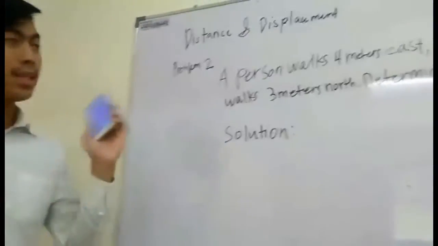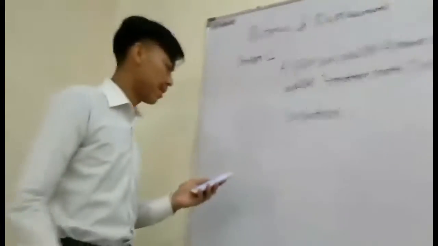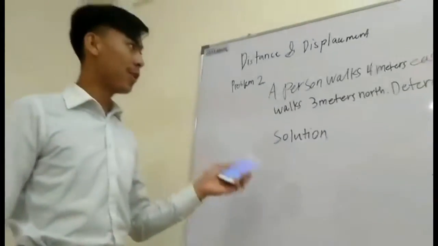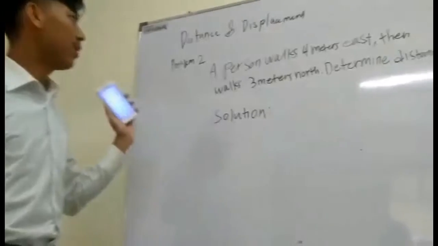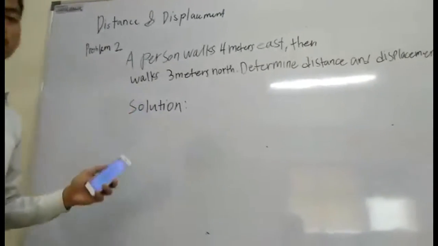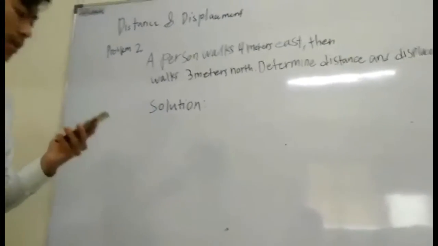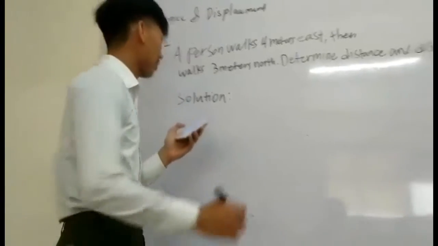So we are now in Problem 2. Distance and displacement. Now, the person walks 4 meters east, then walks 3 meters north. Determine the distance and displacement. Here is the solution.